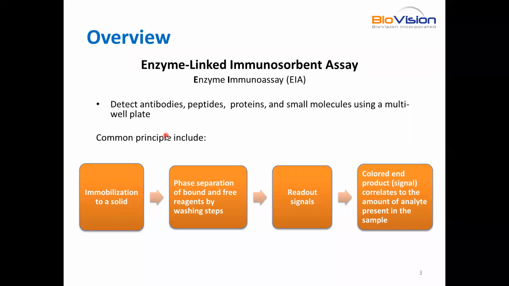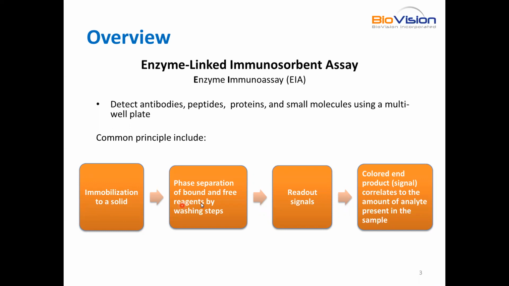The common principle on which the ELISA assay is based includes immobilization of an antigen or antibody to a solid phase, followed by a separation of bound and free reagents by washing steps.